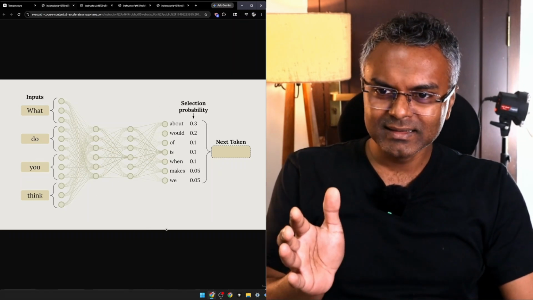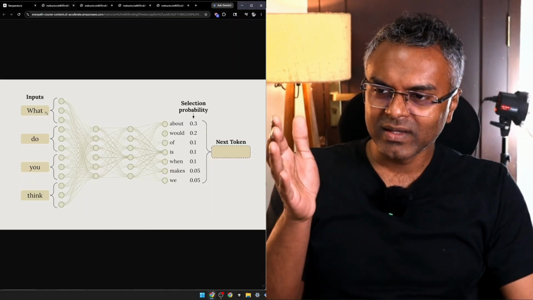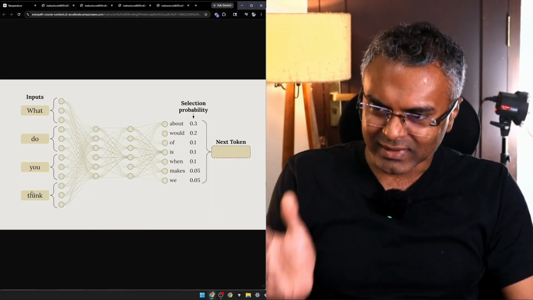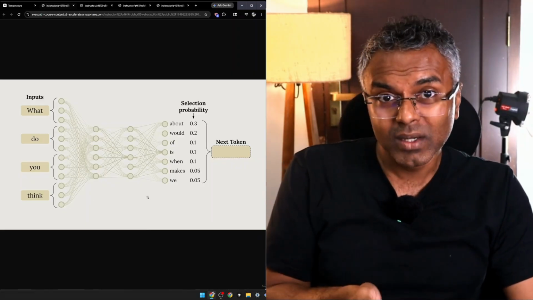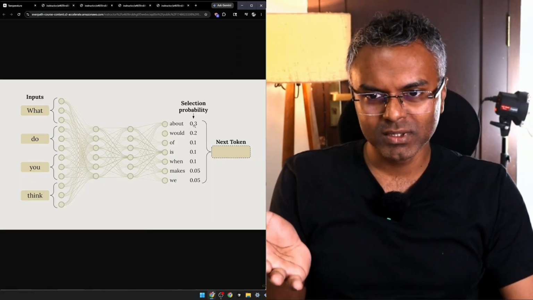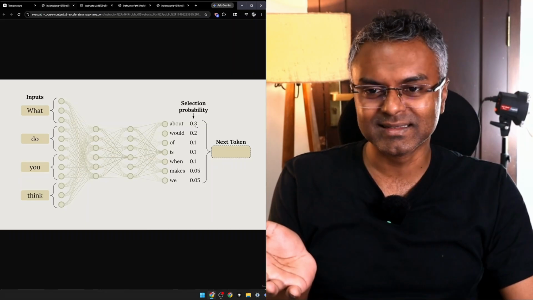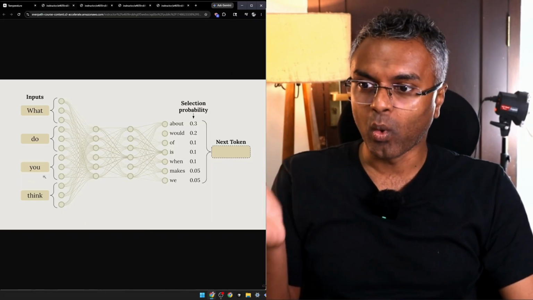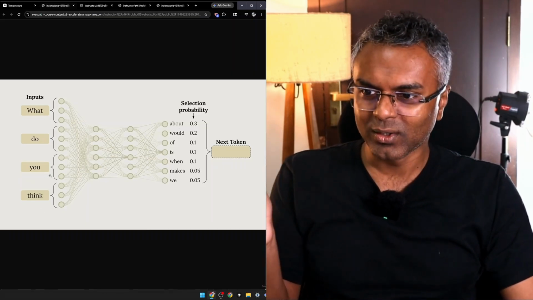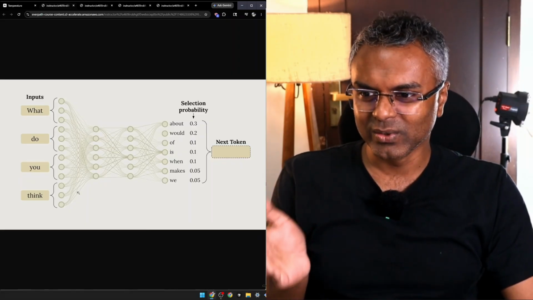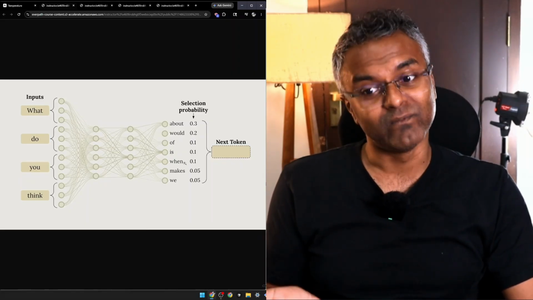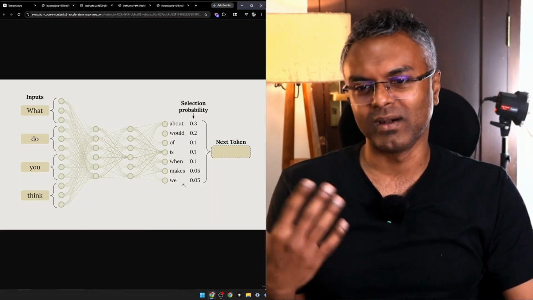So here in this diagram, we can see when we gave the input of "what do you think", the probable next word would be "about", which has about a 30% chance. Then you also had "what do you think would", "what do you think of", "what do you think is", "what do you think when", "what do you think makes", and "what do you think we", right?